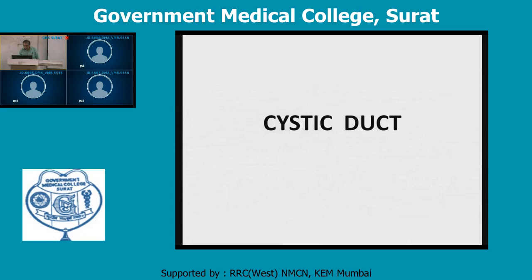So this is all about the gallbladder. Let's have a quick recap of what we have studied. I have introduced the gallbladder as a reservoir of bile, having a capacity of roughly 30 to 50 ml.